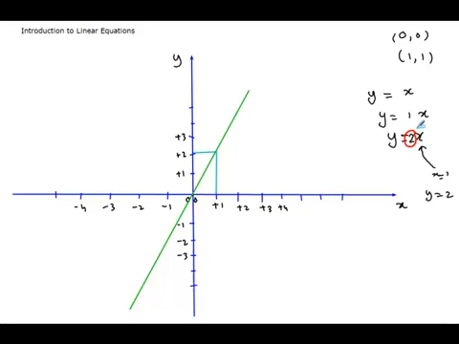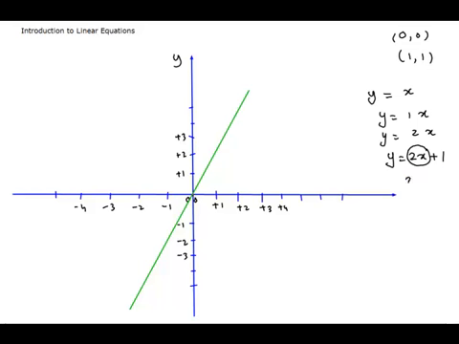Similarly, you can have y is equal to 3x, where this will further rotate the way I did it right now. So this is yet another line, where y is equal to 2x is another one. But let's say, what about this line? y is equal to 2x plus, let's say, 1. For these kind of lines, when x is 0, if you put 0 here, y is 1.